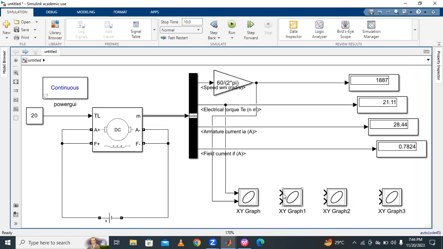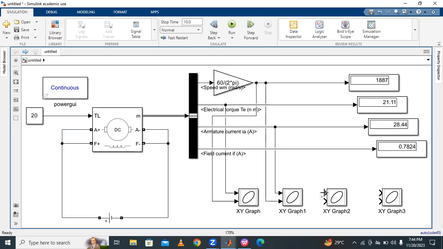And the next, the first one is speed torque characteristics. Then speed versus armature current characteristics: armature current is on the x-axis and speed is on the y-axis. This is the speed versus armature current characteristics.